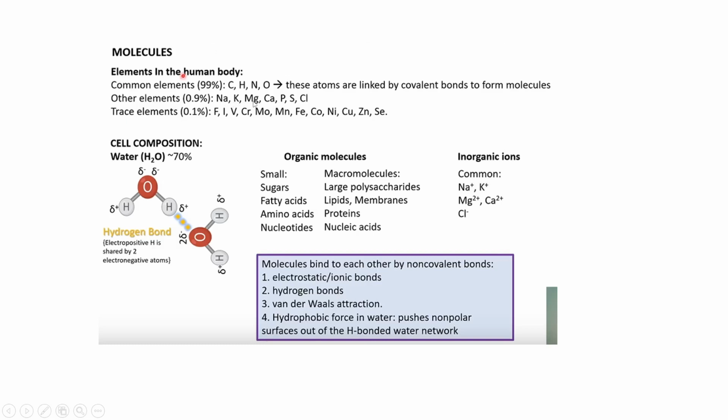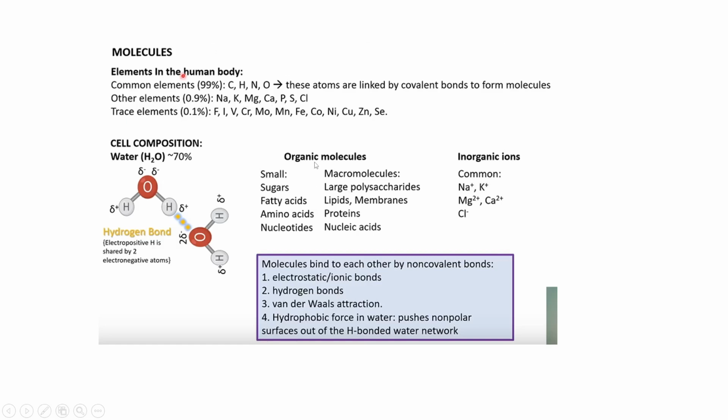For example, hemoglobin requires iron as a cofactor, without which it will not function properly. Apart from that, sodium, magnesium, and potassium are also required for different enzymes. So these cofactors are required, and that is why it is essential to have these elements.